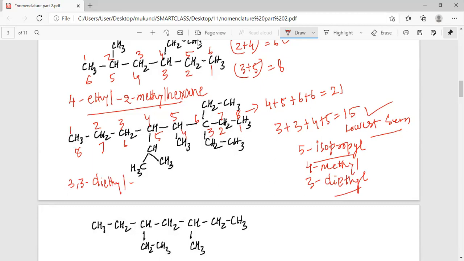Then see propyl and methyl, so we'll give 4-methyl. Then my dear students, on fifth carbon 5-isopropyl. You can write it in the bracket isopropyl, and then you have the 8 carbon, so we can write it as octane. So this is how, my dear students, we can write the name for this particular compound.